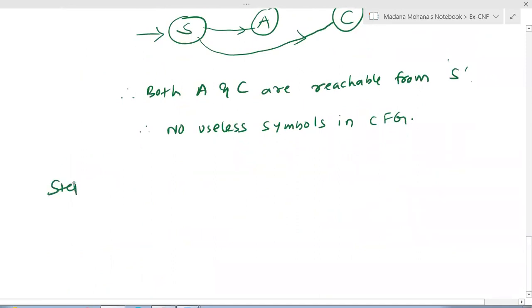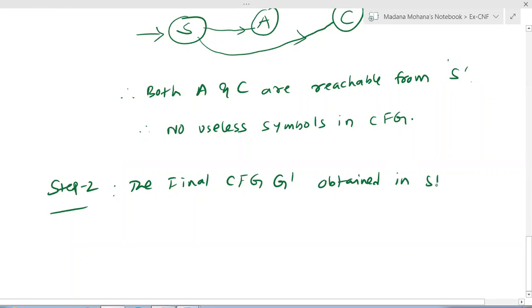Step 2. The final CFG G dash obtained in step 1.